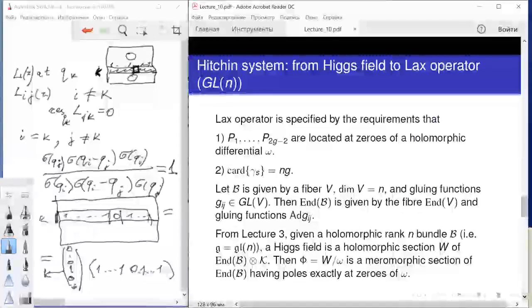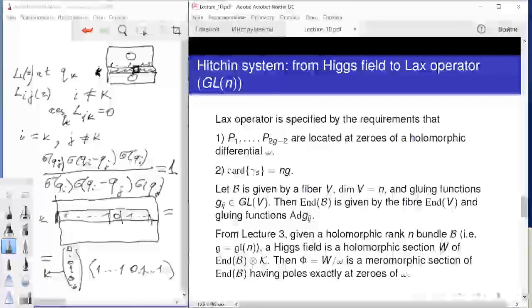First, its poles are located at zeros of a certain fixed holomorphic differential omega, and the number of points gamma s is equal to ng, where g is the genus of the Riemann surface.